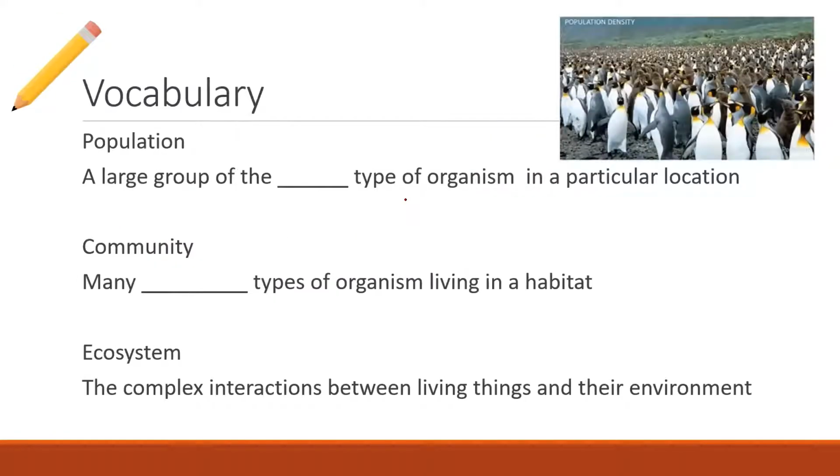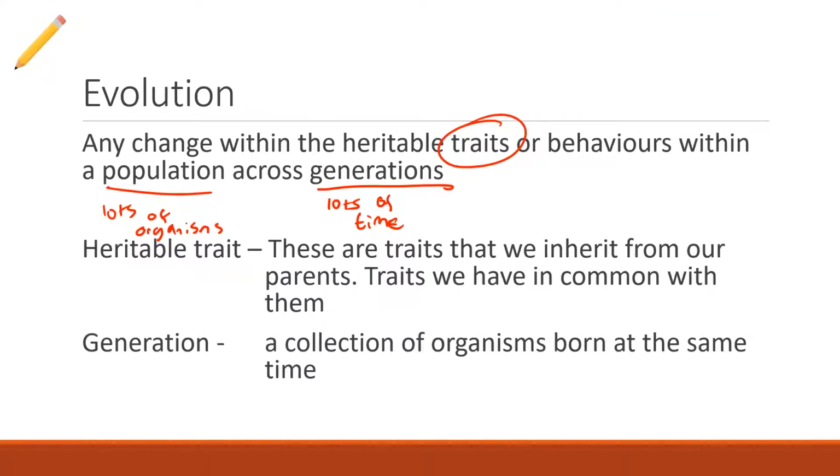We also asked, what is a population? First, before we move on to that, heritable traits are things that you can get from your parents. A trait is like your hair color, your eye color. It could be structural or functional. A functional trait could be something like, if you're an animal, that you're nocturnal.